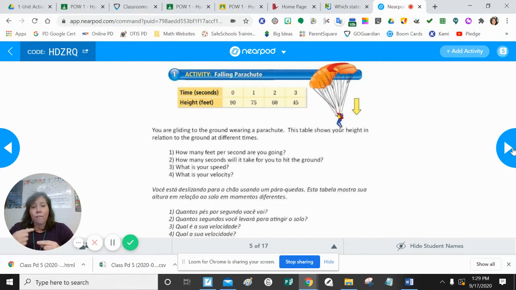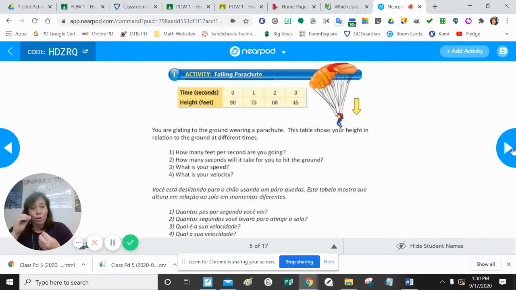So the number of feet is getting smaller and smaller. We're getting closer to the ground. The change is, 90 and 75, that difference is 15 feet. If you're looking at 75 and 60, again, 15 feet. So your change or your speed is 15 feet, and it's 15 feet per second.